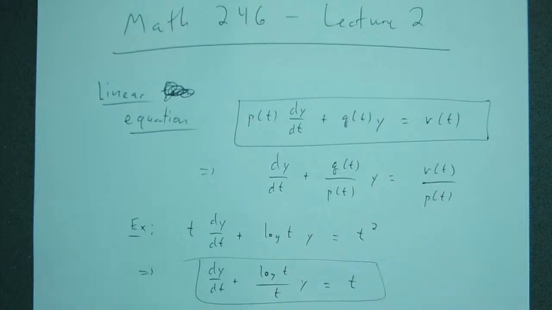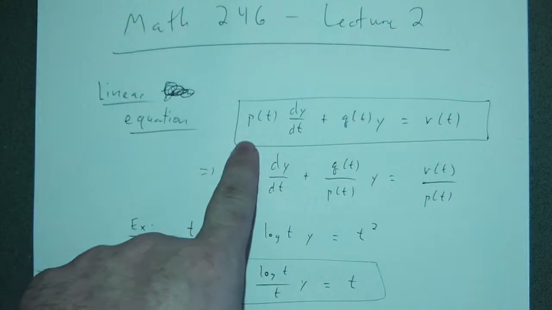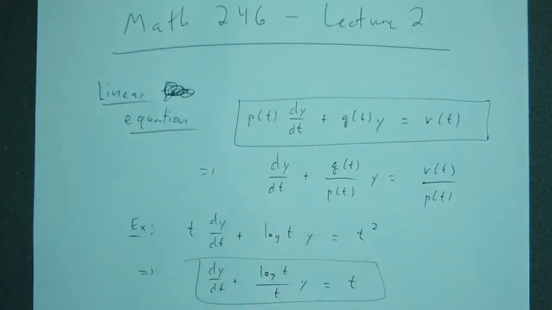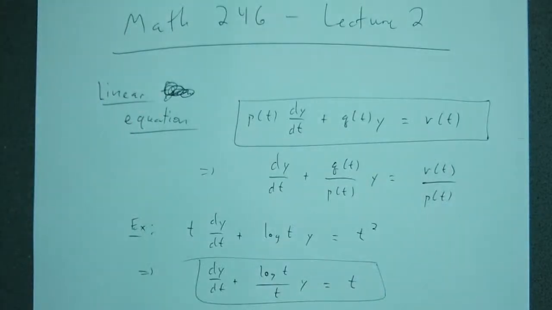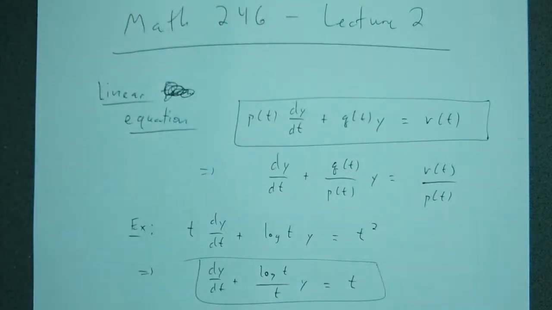But you already had an issue in the first place, because wherever p is 0, this term gets zeroed out, and at those points this equation is not really a differential equation. It's just some kind of weird algebraic equation that doesn't involve derivatives. We're going to toss out those points anyway, so whether we divide through or not doesn't matter. Those are going to be problem points regardless. We'll talk more about that later.